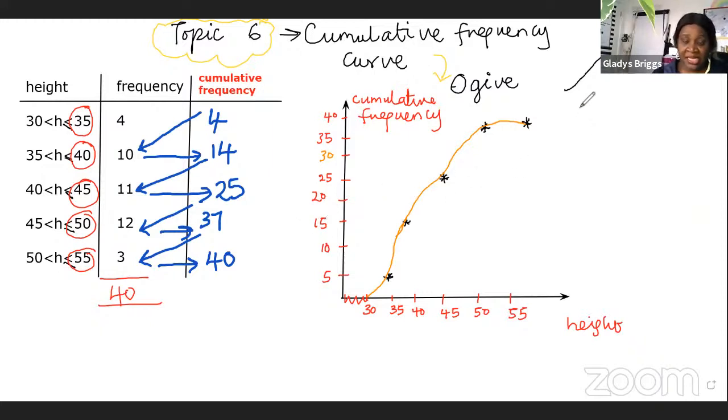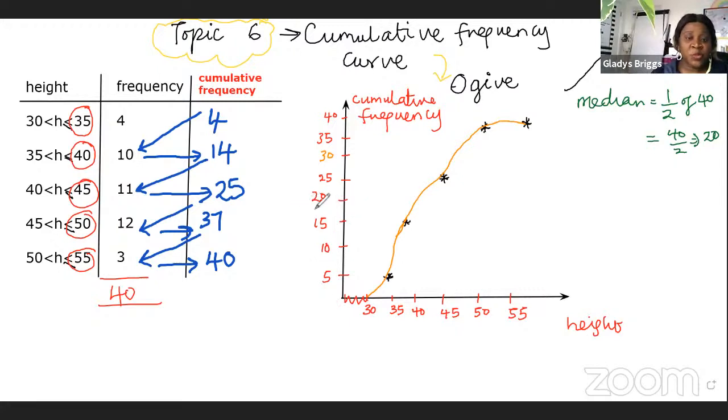So the median is halfway, which is equal to 40 divided by 2, 20, okay? So here you come up here to 20.